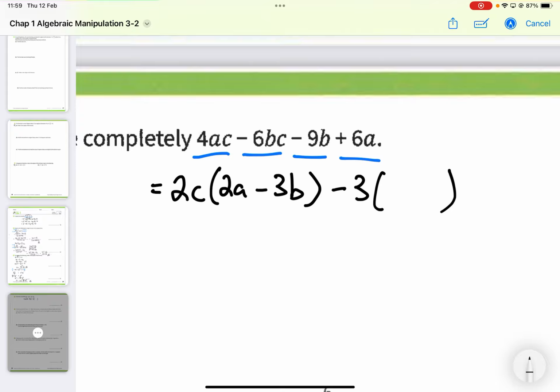Let me take out negative 3 first. Then I'll be left with positive 3B and negative 2A. Minus times minus to give me back my plus. So this one must be minus.